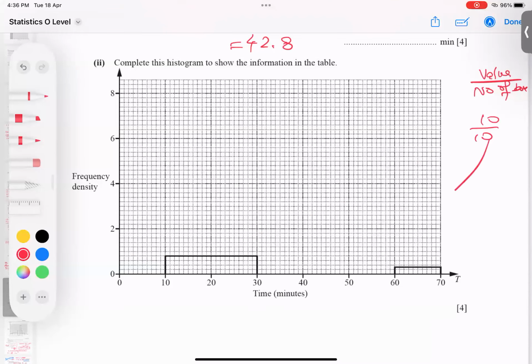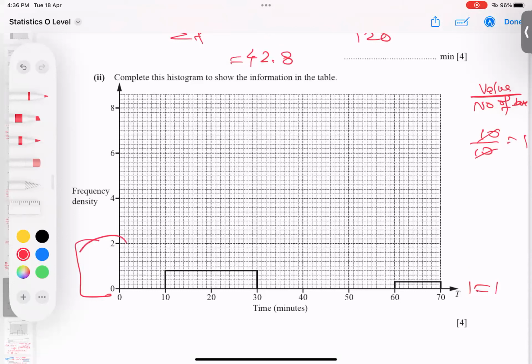Count the boxes, 10 are there. I get 1, so one box equals 1. That's simple. But here 2 minus 0 is 2, and 2 divided by 10 is 0.2. So one box is equal to 0.2. Make sure, this is a very important concept.